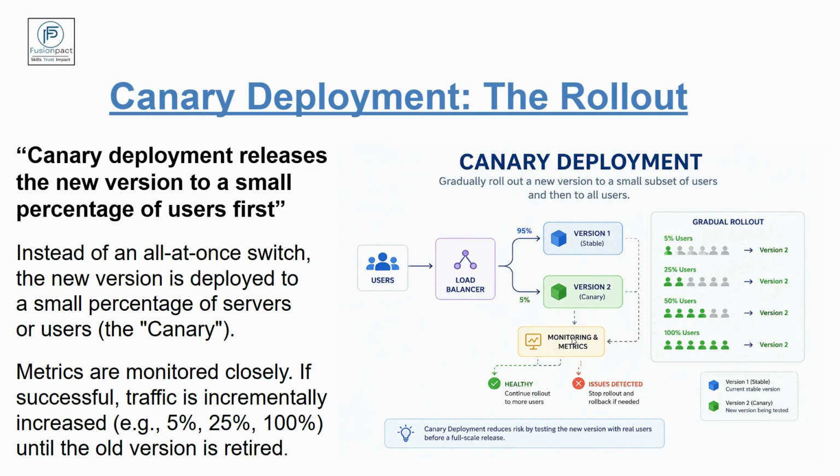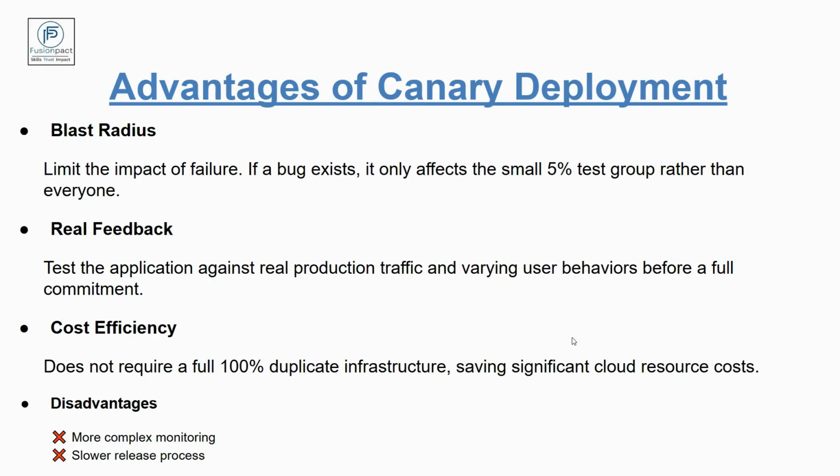Here we can check the error rates and response times, the CPU and memory usage, and also the user feedback. If an issue is detected, the deployment is stopped and we go back to the previous version.